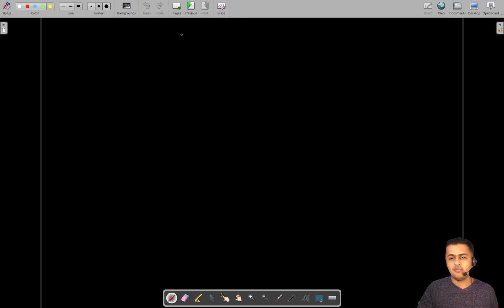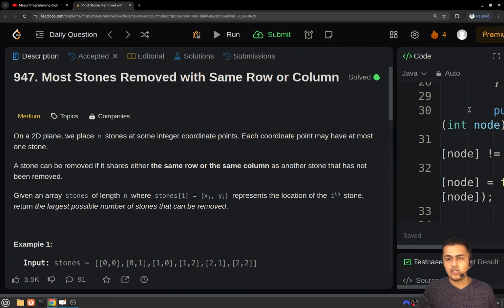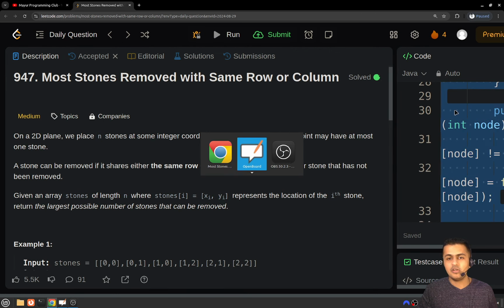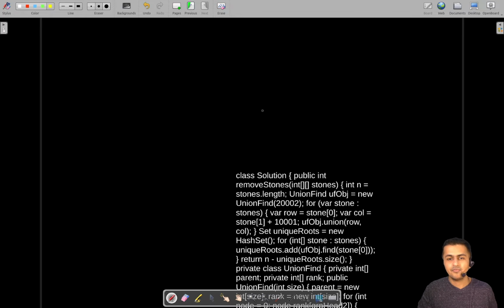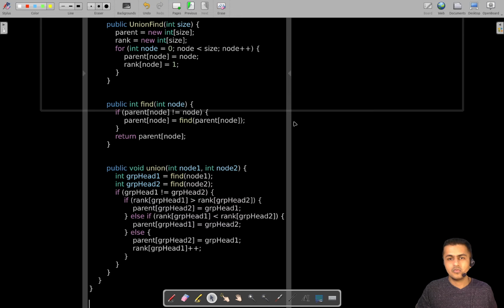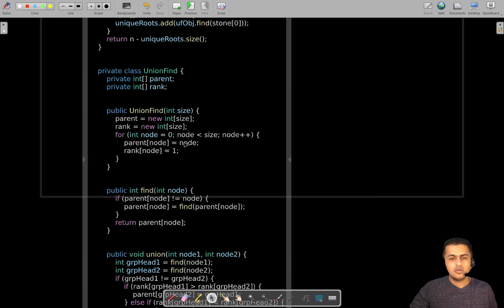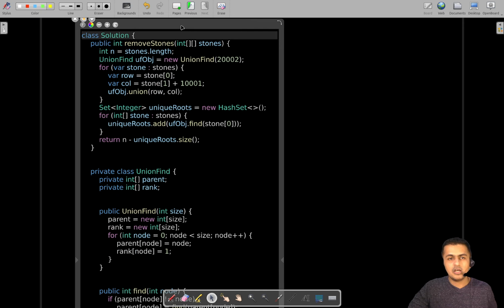And for that, I am taking the code to the board so that it will help me to explain, and it will also make the solution video concise. I know it's a little bit lengthy, but the lengthy part is just for implementing this union find data structure.